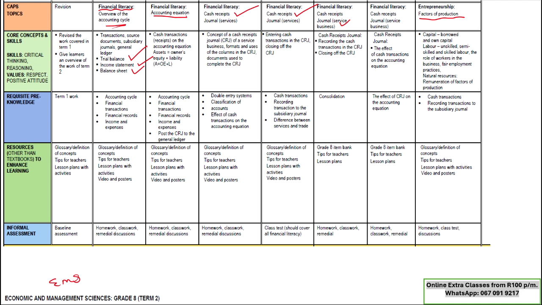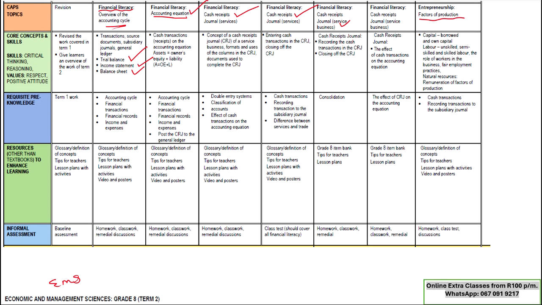Then we moved to the accounting equation, and here we looked at the cash transactions that we recorded on the accounting equation. Here we can see that assets equal owner's equity plus liabilities.